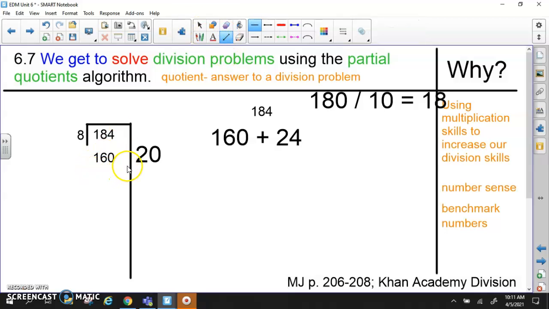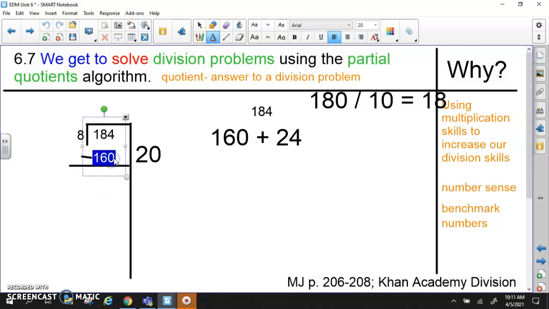And what I'm doing with that is I'm pulling 184 into a couple of different parts. One of them is 160. And if I subtract 160 away from 184, I'm going to come up with 24. Okay. And so this is why I've shown that I have 160 and 24.